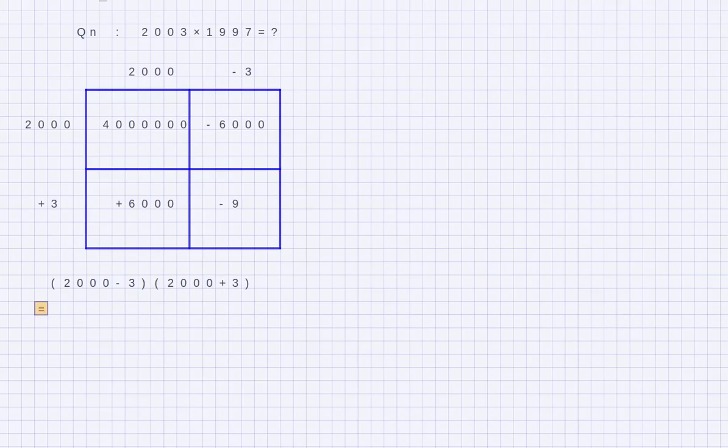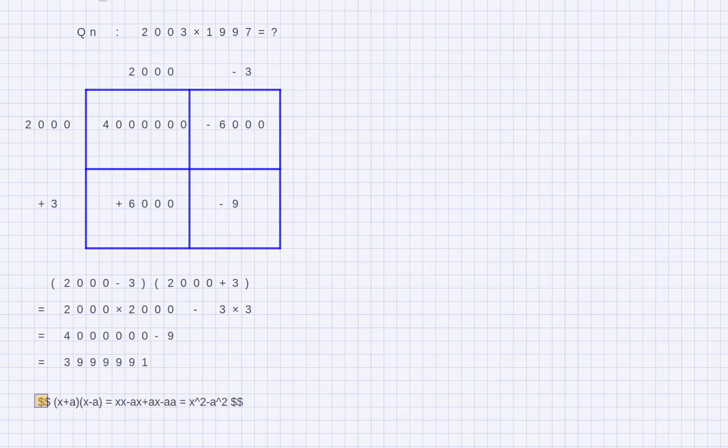And actually, the parts that count are just these ones. This 6,000 and that 6,000 cancel out, which is really nice and handy. So we get 4 million minus 9.